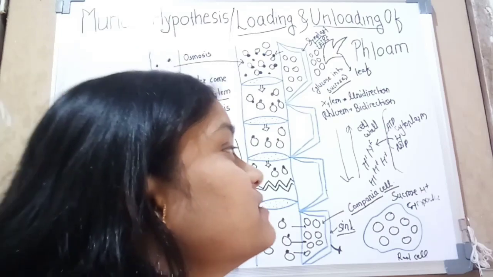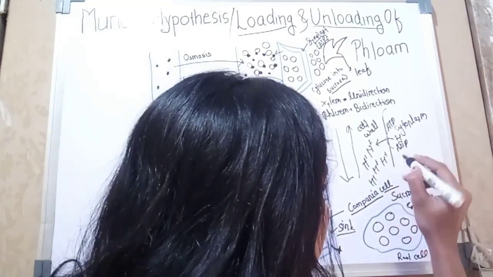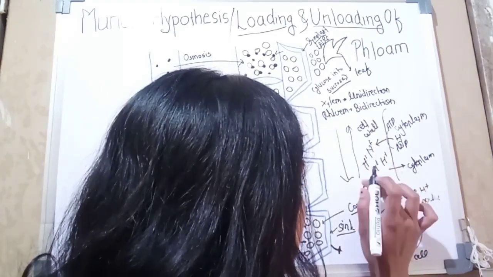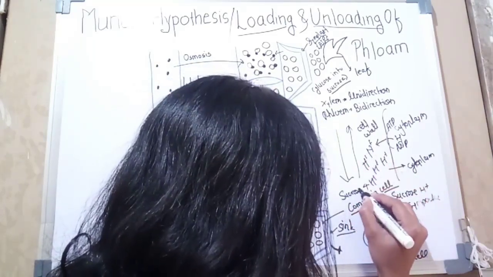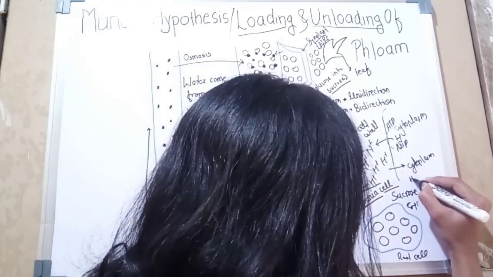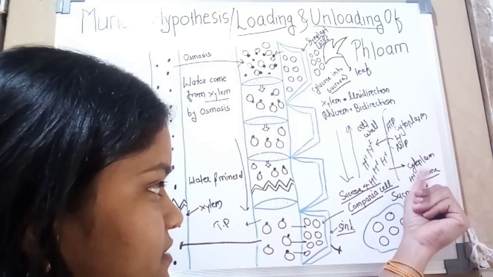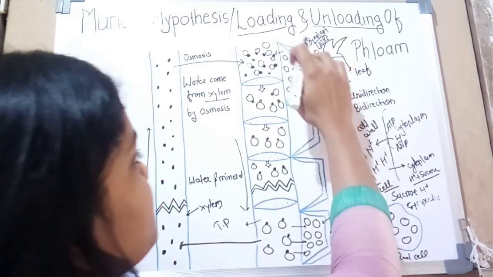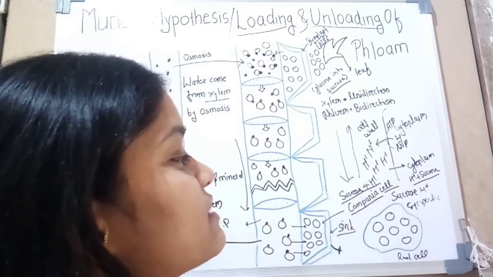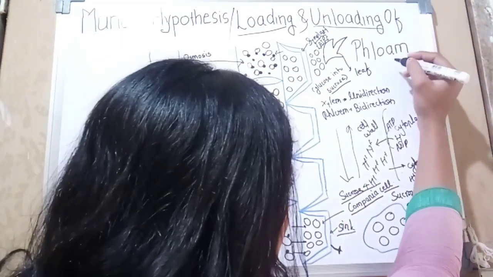Each and every molecule has a tendency to balance, to reach equilibrium. So that's why these H plus ions move toward the cytoplasm, inside the cells. In addition, they couple with sucrose, so sucrose plus H plus enter inside the cells. That's how the sucrose enters the sieve tube, and that mechanism is called the sucrose H plus symporter.